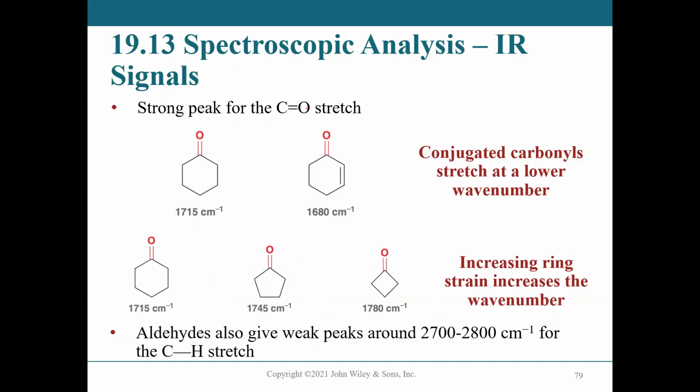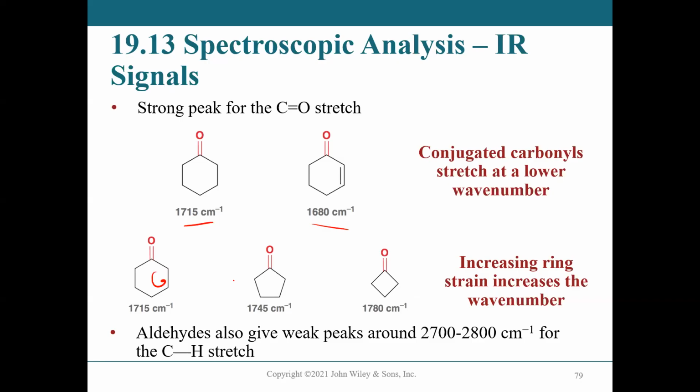Spectroscopic analysis, IR signals: strong peaks for the carbonyl stretch. We see that right here. Aldehydes also give weak peaks around 2700 to 2800 per centimeter for the CH stretch. Increasing ring strain increases the wave number.